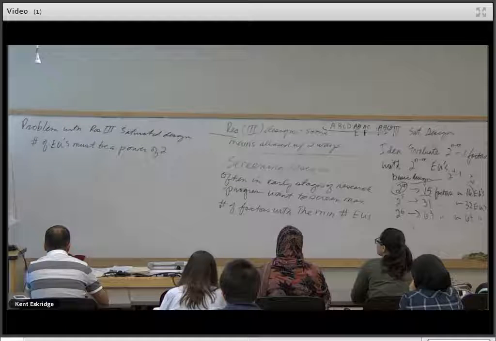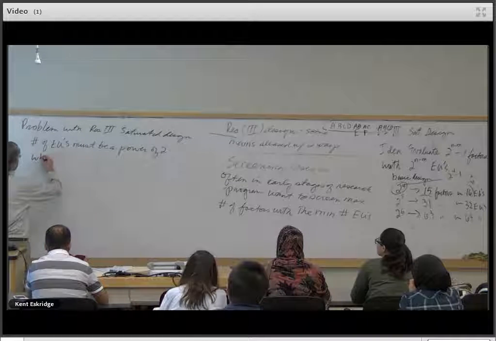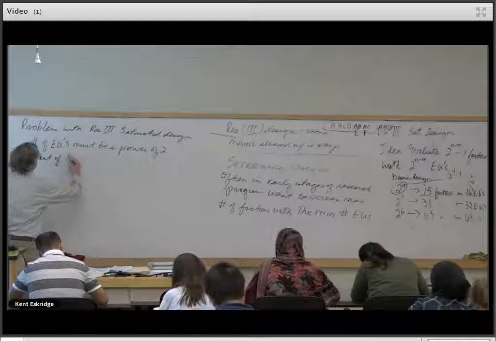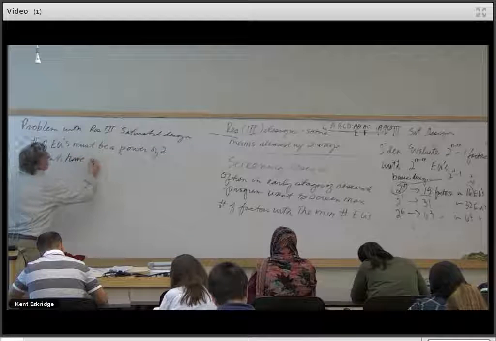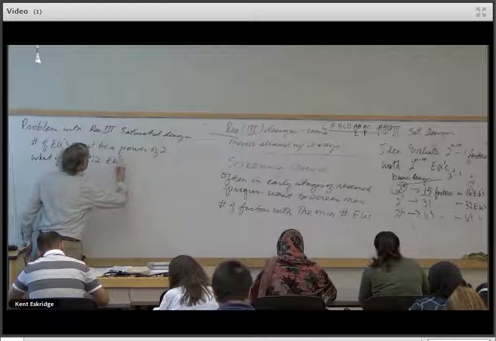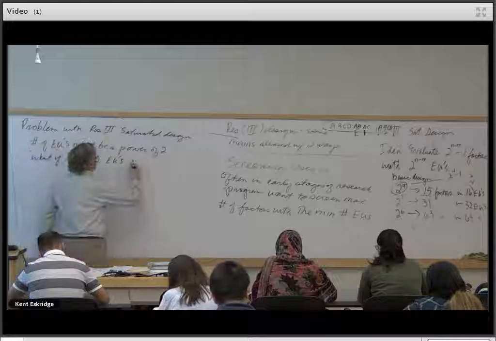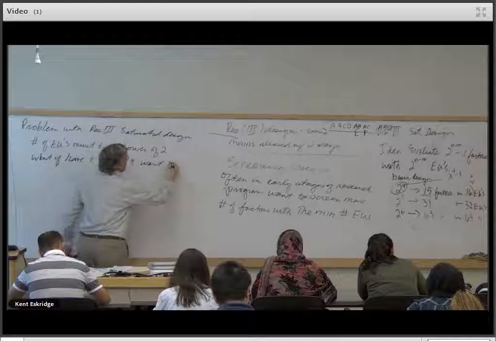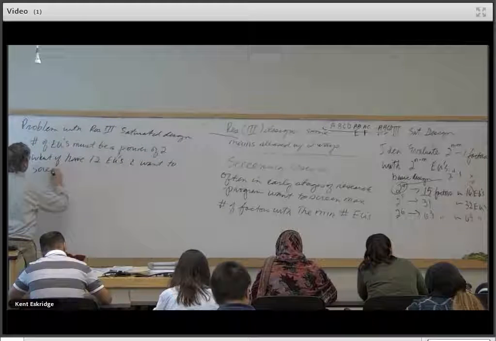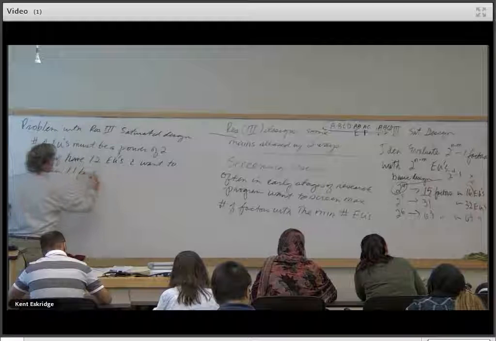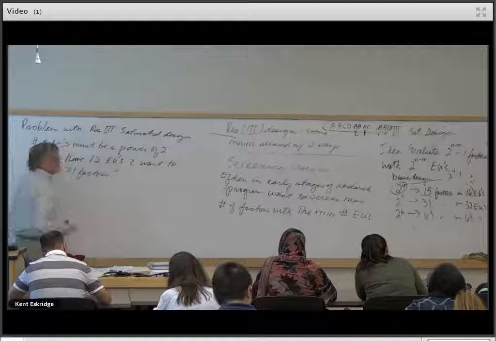What if you have 12 experimental units and you want to screen 11 factors? What to do?